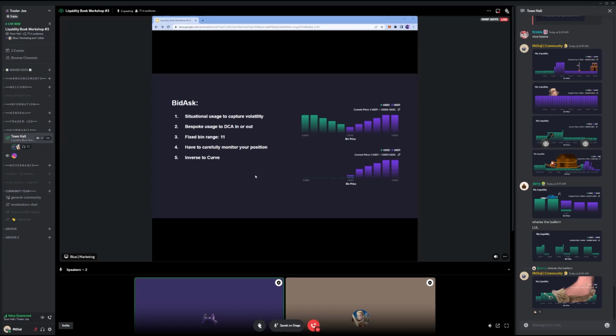So it's a way for you to capture volatility and increase the percentage of your liquidity in those bins. Again, it's fixed on 11 bins, so it's the same size as Curve.